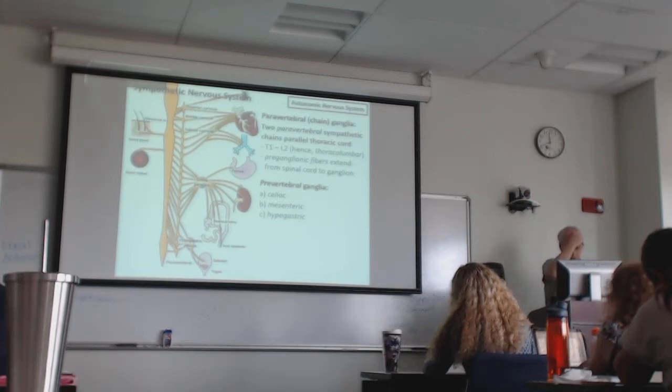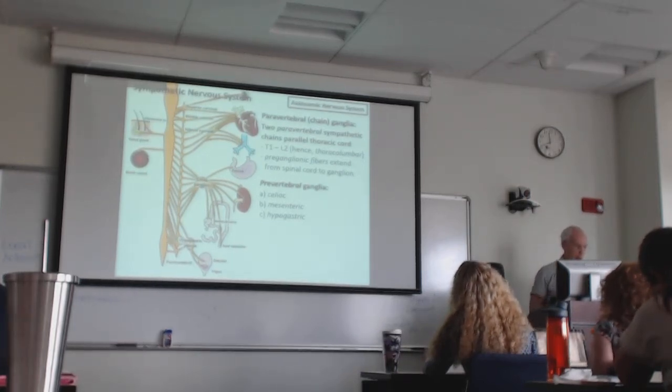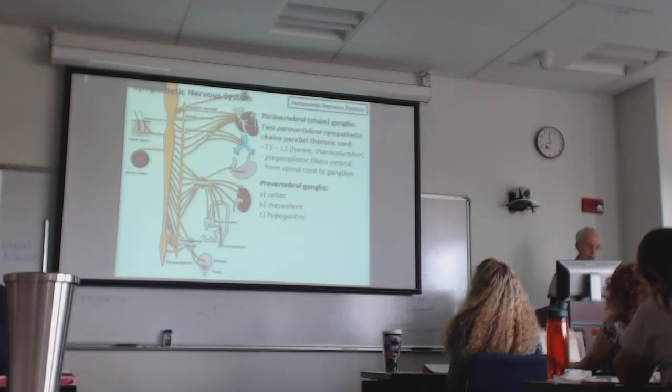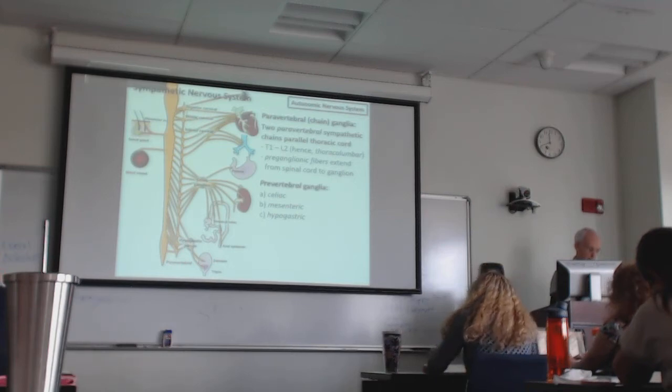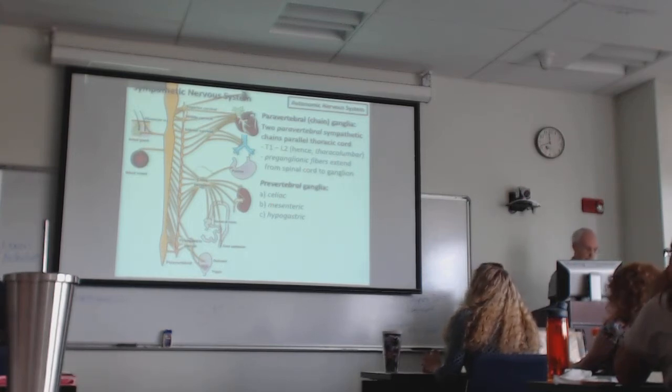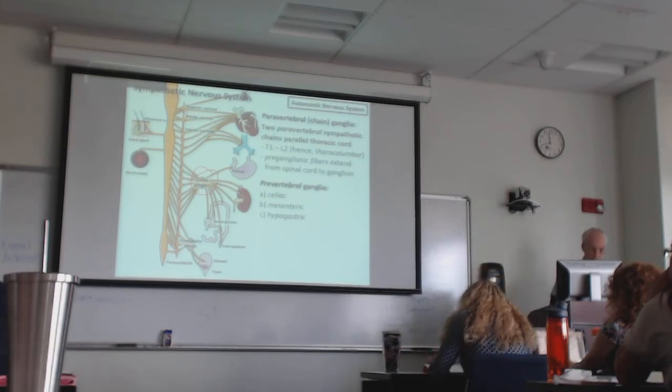All right, as I said, we want to focus on the sympathetic because it's a little more taxing. And the sympathetic nervous system consists of two general classes of ganglia that we've talked about: paravertebral, which you see simplified here, running along that little chain there. And then usually we say there are three prevertebral ganglia.